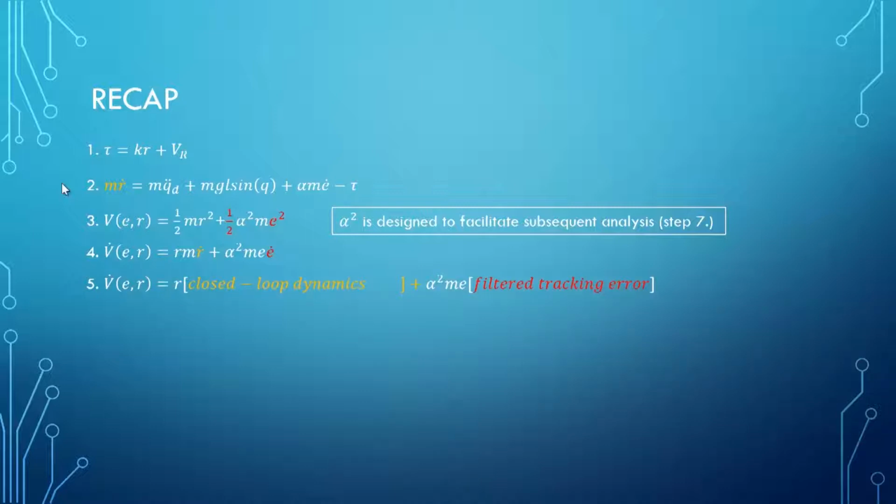So you substitute the dynamics, and in E dot here, you need to observe what you should do. The better way is to use the filtered tracking error to replace E dot by R minus alpha E. Then create the cross terms that can cancel out with another cross term.